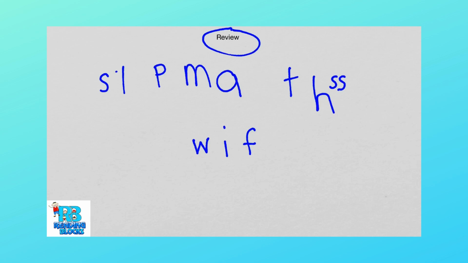And if we take our W and bring down our S, and we have sif. How about if we take our S and change it to H, and we have hif.